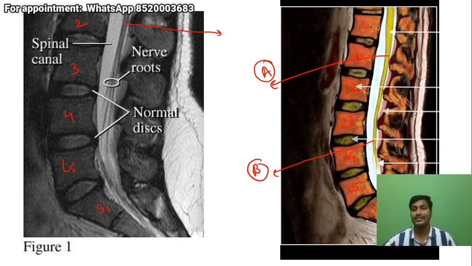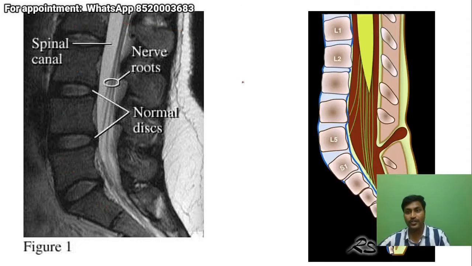No, no. A is a part of the spinal cord which is called conus medullaris. It is the lowermost part of the spinal cord. So this is conus medullaris, which is the lower part of the spinal cord. And all these things are the nerve roots which are going to the neural foramina.